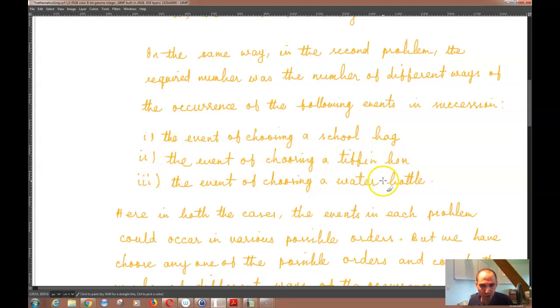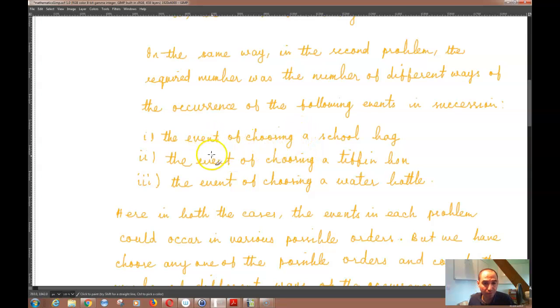Or you can start with the water bottle, then choose the school bag, then choose the tiffin box. It doesn't really matter in what order you take these events.